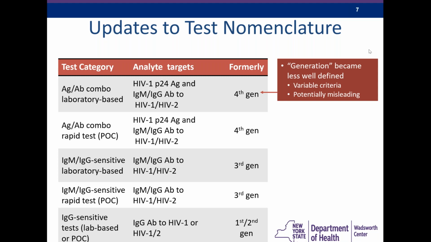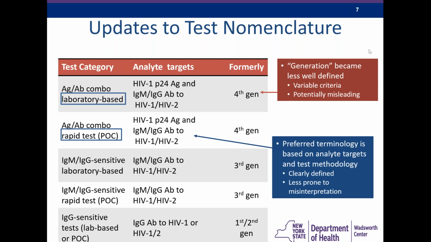And so the CDC initiated the use of a terminology that's based on the methodology. Meaning, for example, whether it's a laboratory-based test or a point-of-care rapid test, and also the targets that are detected by the test.